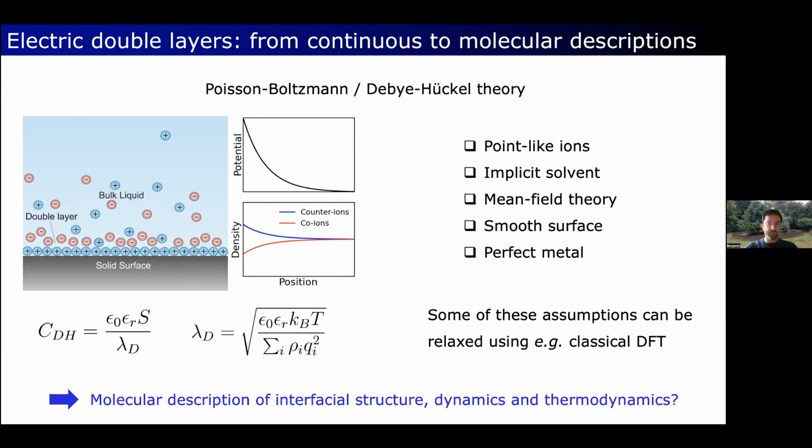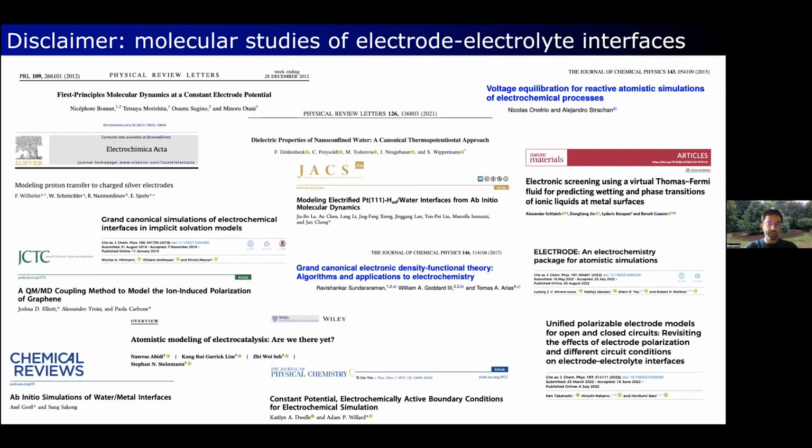Before I switch to what we actually do in the group, because of course I will focus on the kind of things we do in the group, I should emphasize that it's a very active field of research. There are many groups that have developed over the years various approaches, both in classical and ab initio molecular simulations or DFT calculations. I'm not going to describe everything in detail.